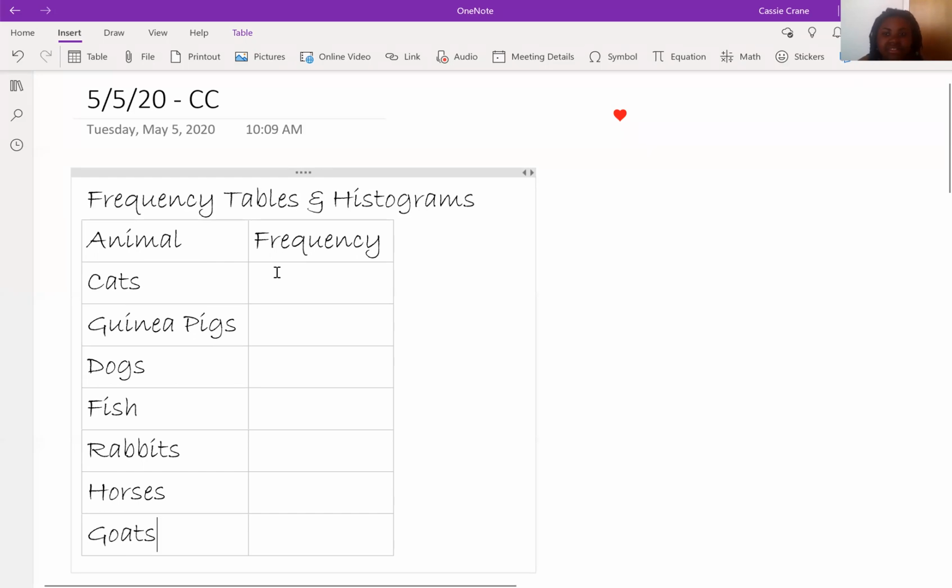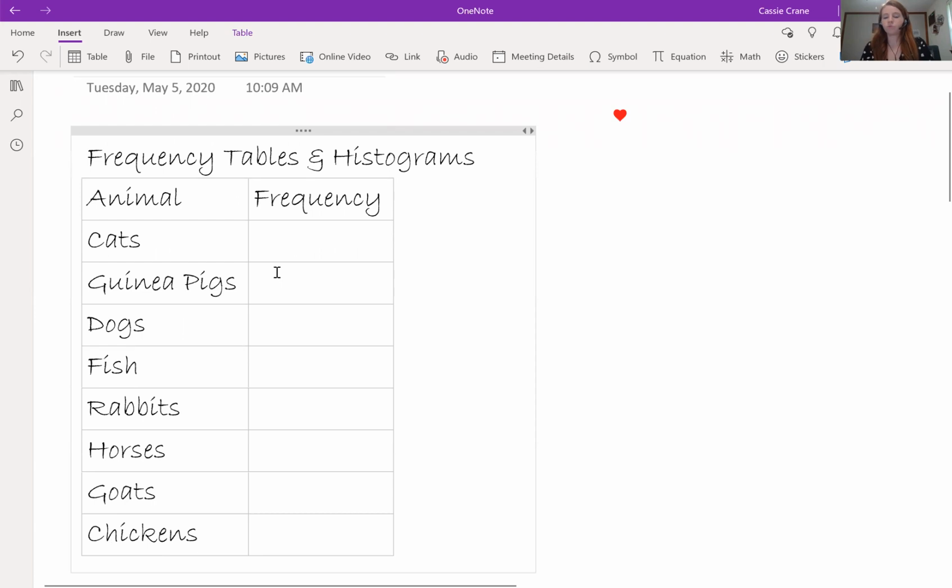Chickens. Okay, let's do chickens, and we're going to stop there just so that we don't get too many, where we don't have enough to put any numbers in besides 1, 1, 1, 1, 1, right? Okay, so let's just use this list, and everybody type in the chat.